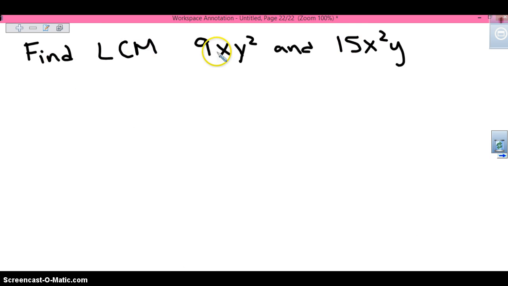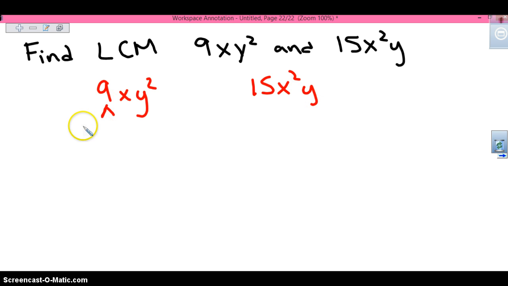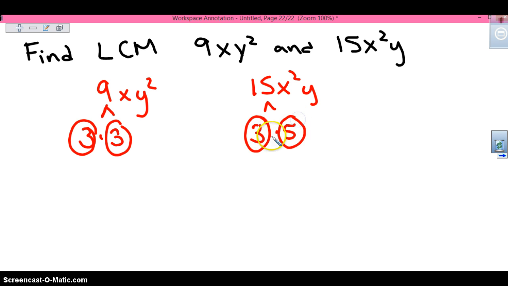To find the least common multiple of 9xy squared and 15x squared y, we have to start by factoring each monomial. We're going to do the prime factorization of 9, 3 times 3, and of 15, 3 times 5. When we're factoring a monomial, we list everything out.